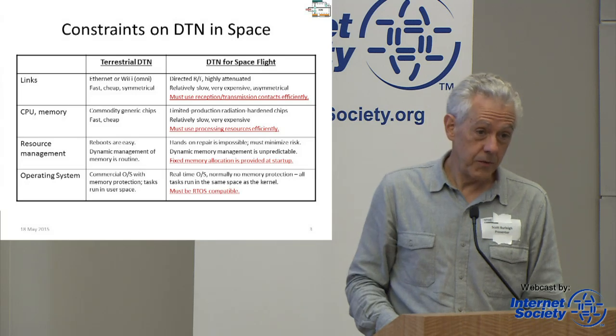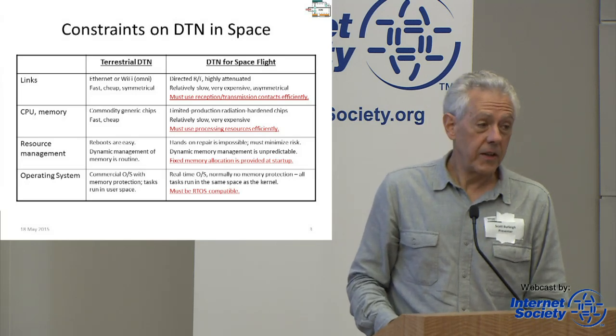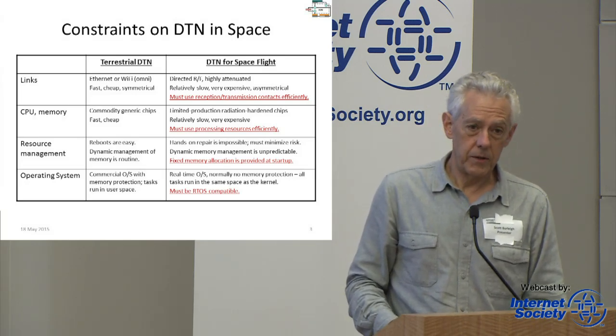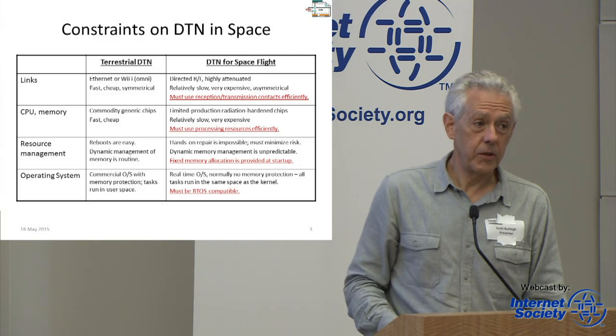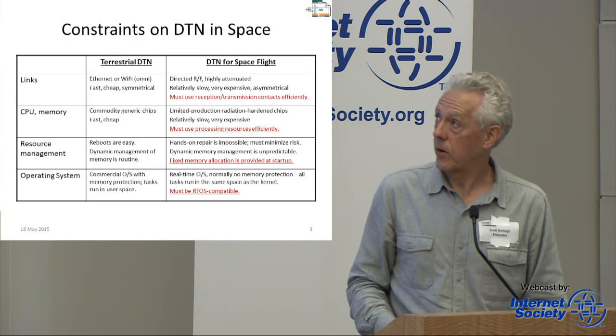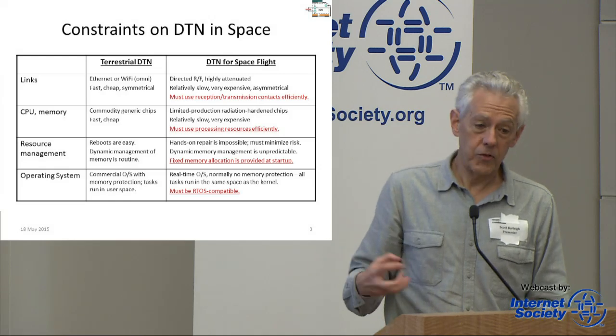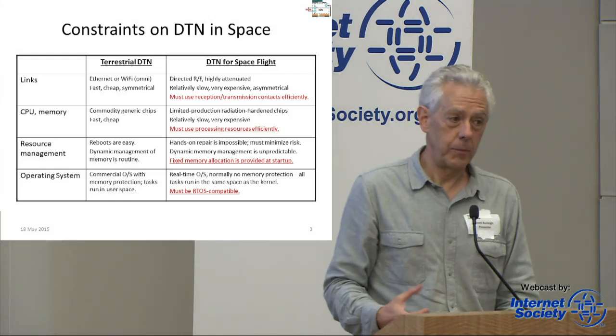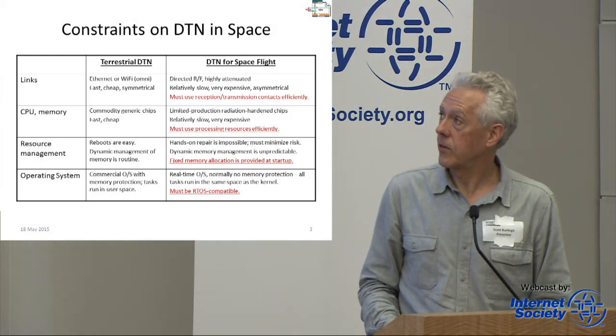They're very expensive. They're often asymmetrical. That is, the rate at which you receive something from a spacecraft may be very much higher than the rate at which you can transmit to a spacecraft. And so you have to use reception and transmission contacts very efficiently because of these kinds of constraints.